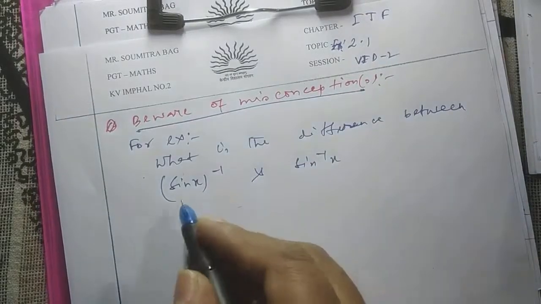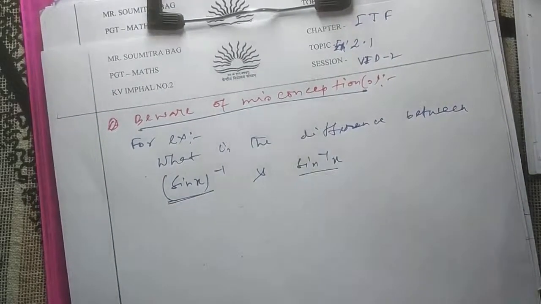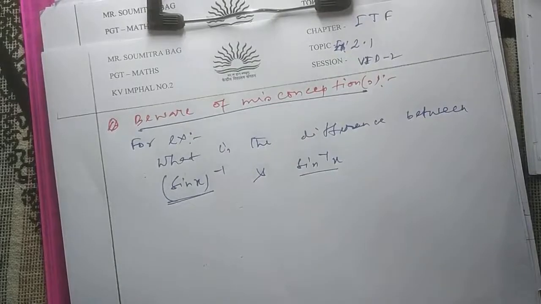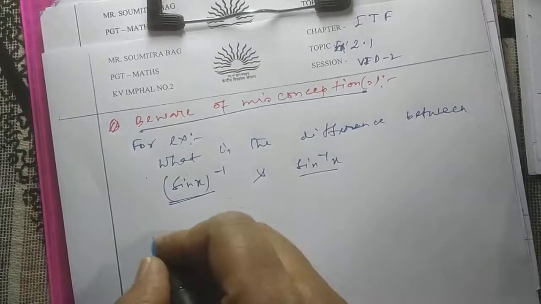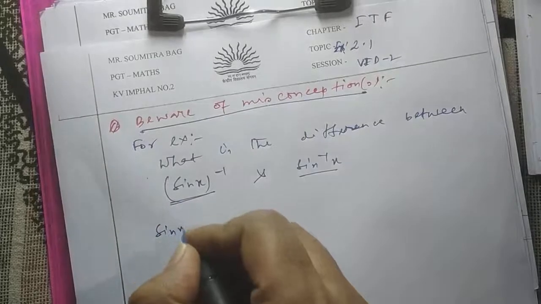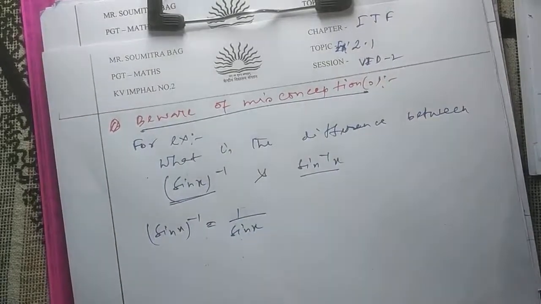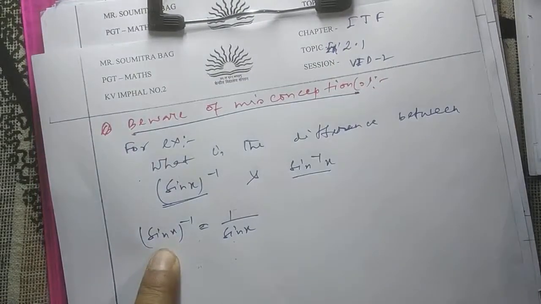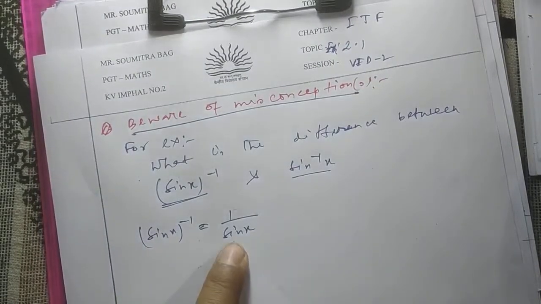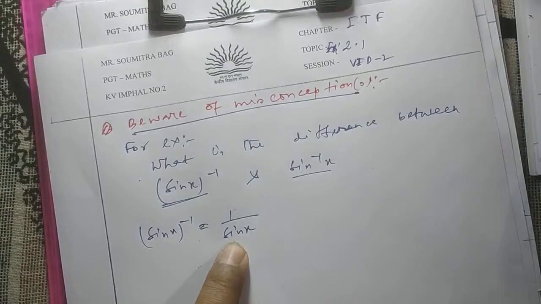Somebody may think they're the same, they're equal, but not at all. Why? Because (sin x) whole power minus 1 means simply 1 by sin x. It is the reciprocal of sin x, which is another trigonometric ratio, namely cosec x.